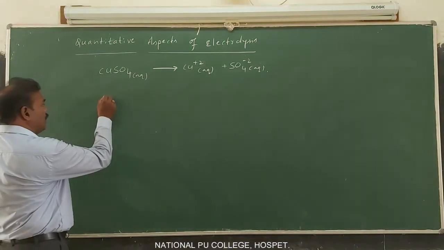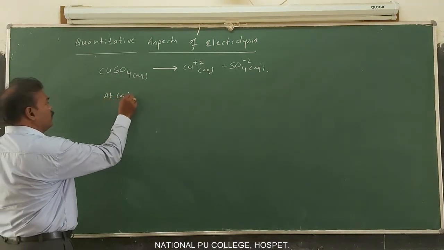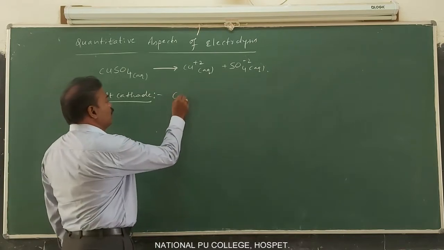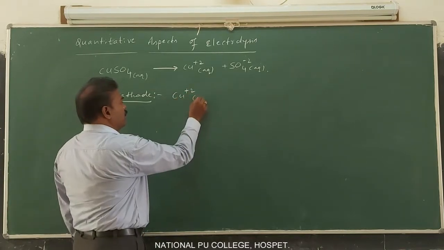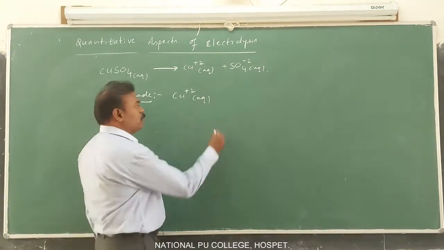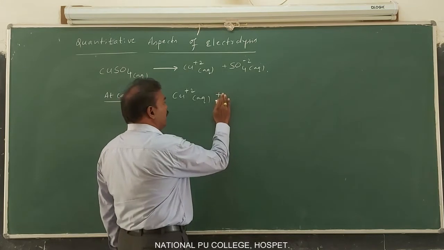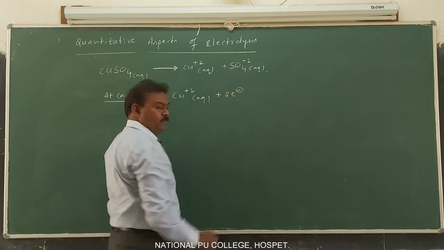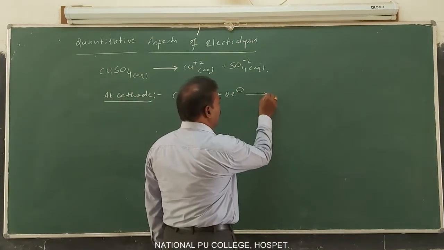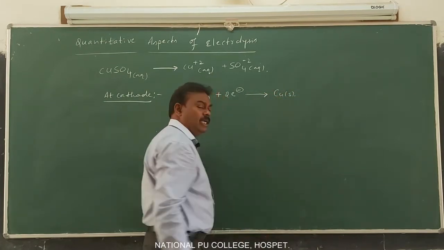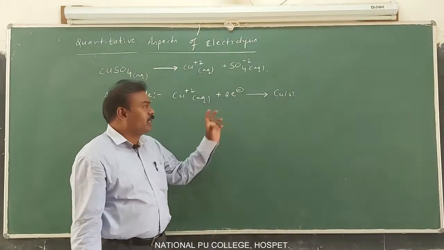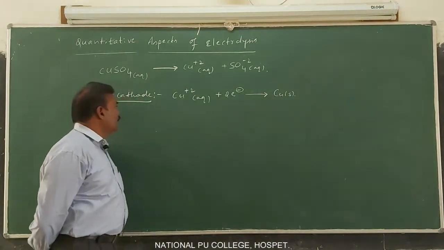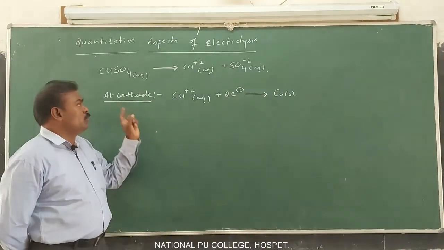What is the reaction taking place at the cathode? Here the Cu+2 ions in the aqueous solution take up the required number of electrons. Since Cu+2 has a charge of 2, it needs 2 electrons. Now what does it form? It forms solid copper on that electrode.